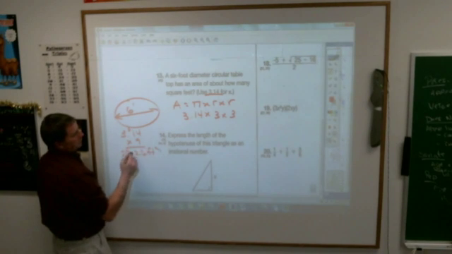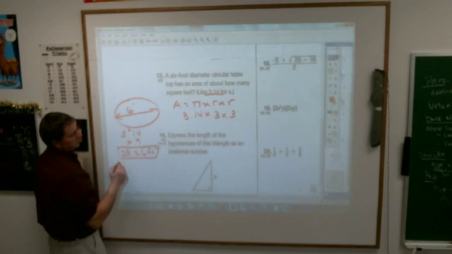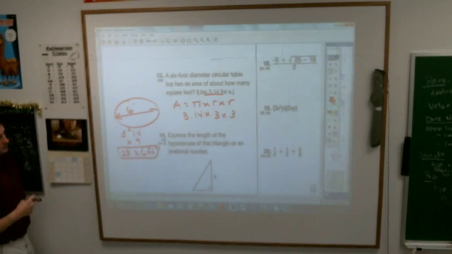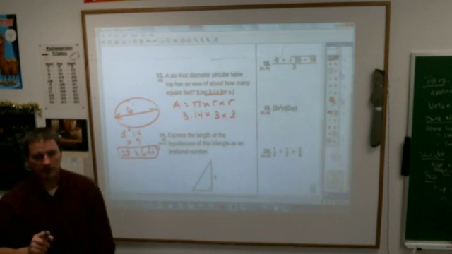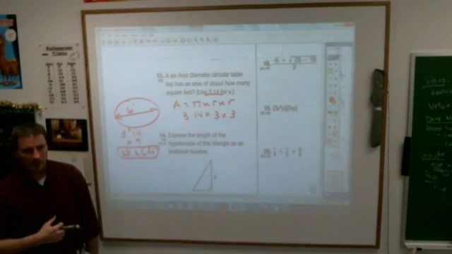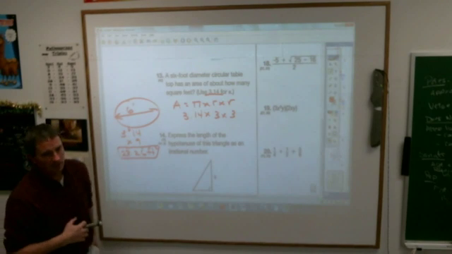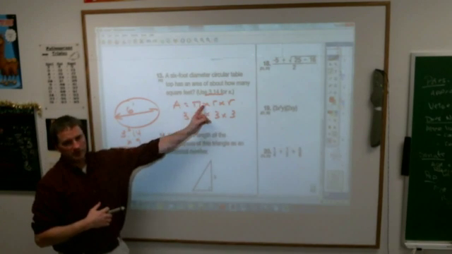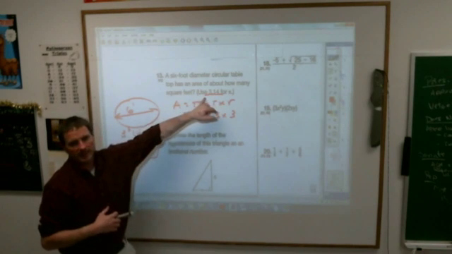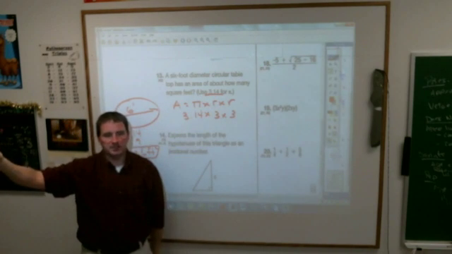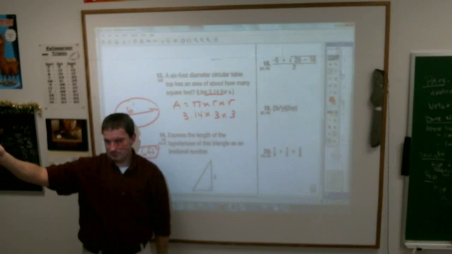Did I read the answer wrong, or did you do something wrong? No, but I put it as 28 because it said about. Now, I understand, Michael, why you get that wrong, because sometimes they tell you to round your answer. The reason it's still about is because that is about what pi is.